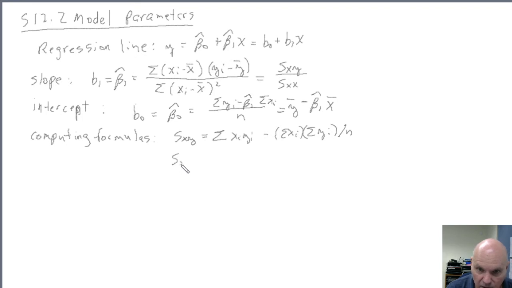And for Sxx, it's the sum of the xi squared minus the sum of the xi, squared, divided by n. So I'll show you an easy way to do this.